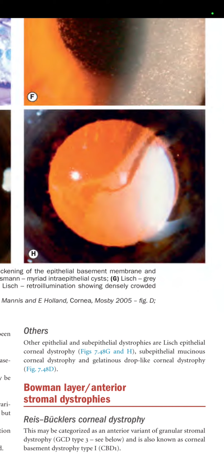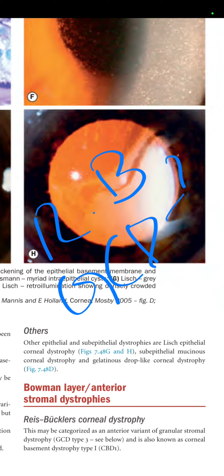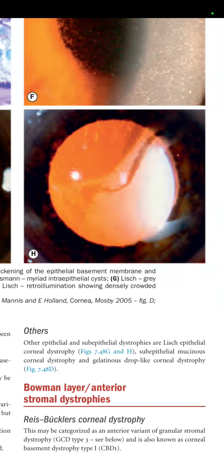Bowman's layer or anterior stromal dystrophies, Reis-Bücklers corneal dystrophy, may be characterized as an anterior variant of granular stromal dystrophy, granular corneal dystrophy type 3. So Reis-Bücklers is also known as granular corneal dystrophy type 3. And it is also known as corneal basement dystrophy CBD1, type 1, as well.